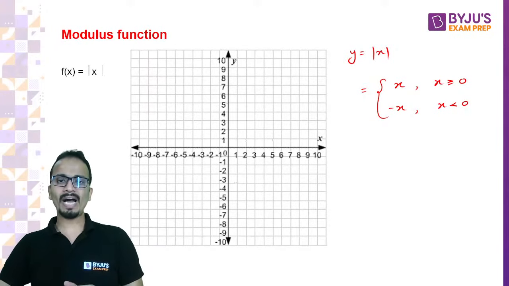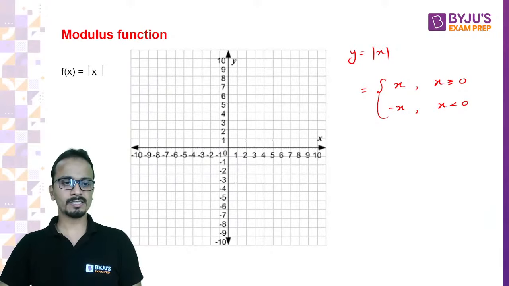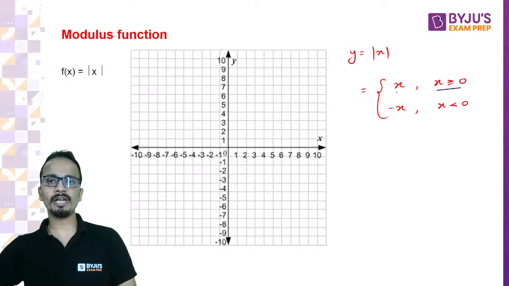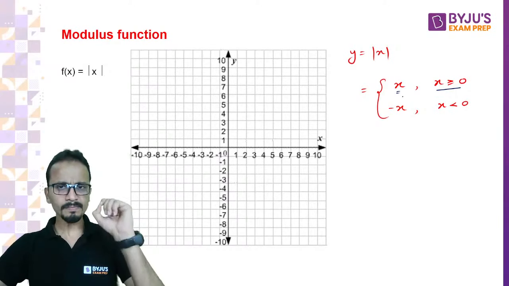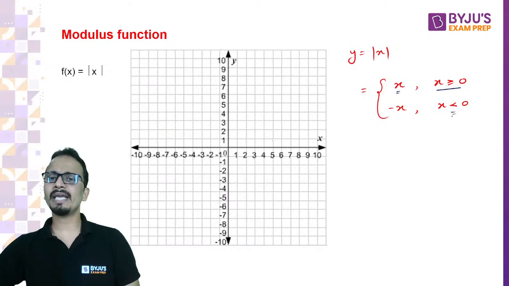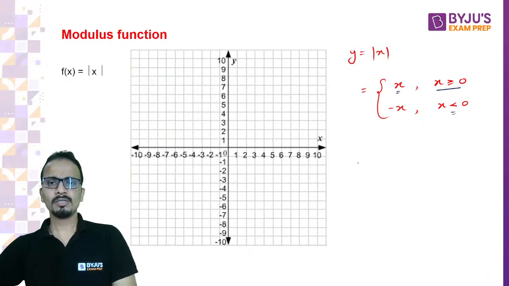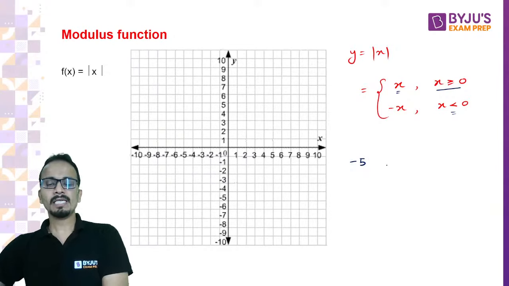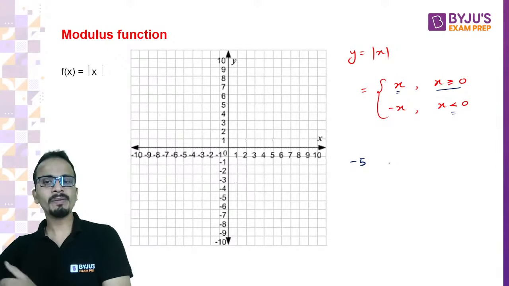So why have I defined the modulus function like this? Simple reason: when x is positive, the value of mod x will be equal to x. But when x is a negative number, let's say x is minus 5, and you want to calculate the modulus, what does modulus mean? The result should be a positive number.